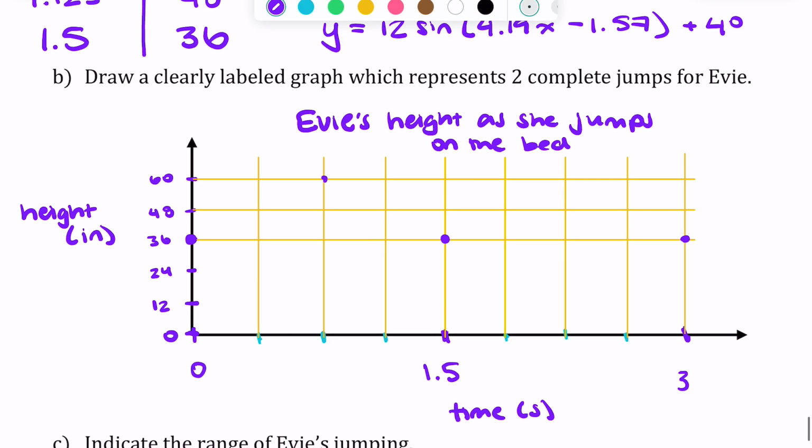And because I've chosen those, I know my maxes happen halfway between. And I know in between my min and max, I'm always going to hit the midline. So notice I didn't actually have to follow my graph on Desmos to get those points. Now that I've thought through my scale, I can just fill in those blanks.